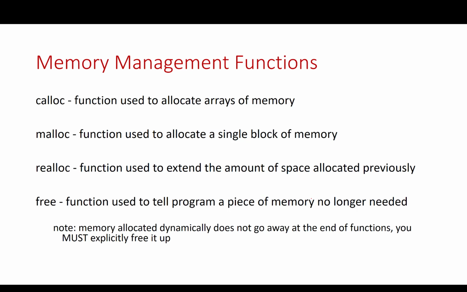Realloc, here's the trick. Within the program, you can change the original allocation to a new one. So I allocated 10, and then in my code I will say realloc, and this reallocation will be based on the user input. Whatever the user inputs, I will just reallocate the memory.